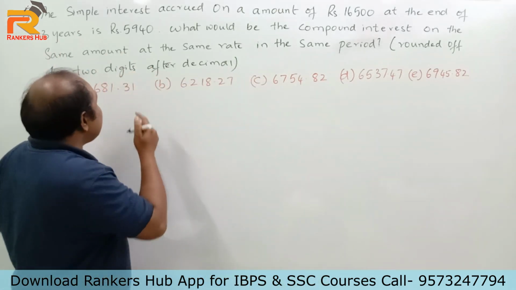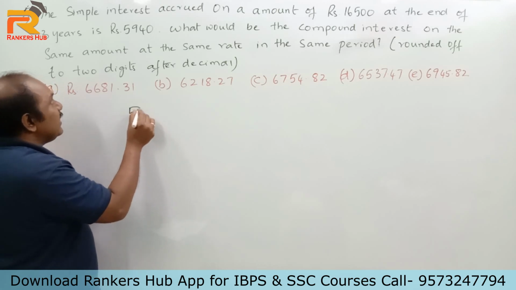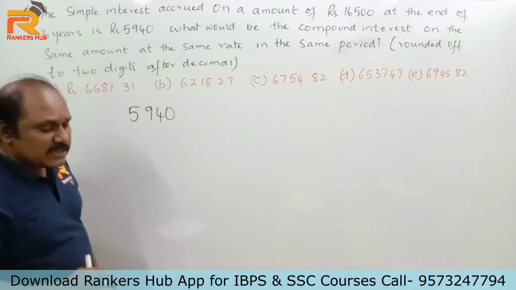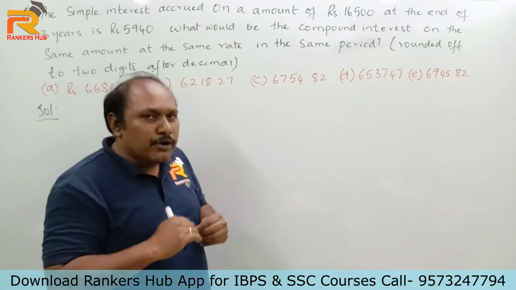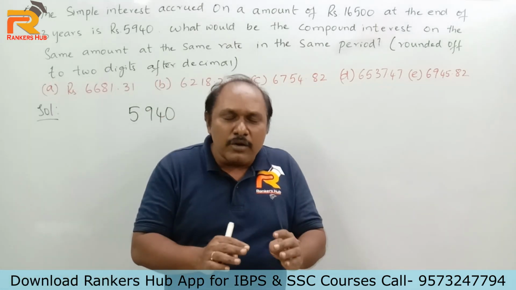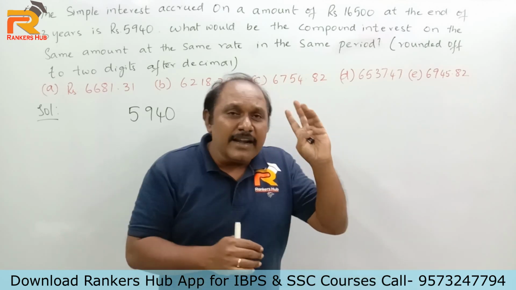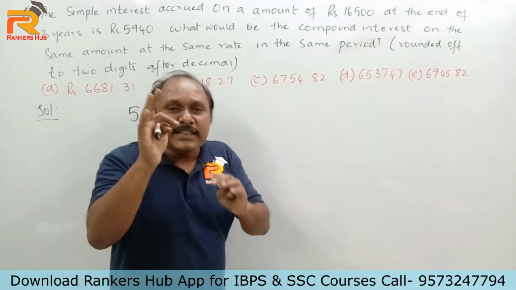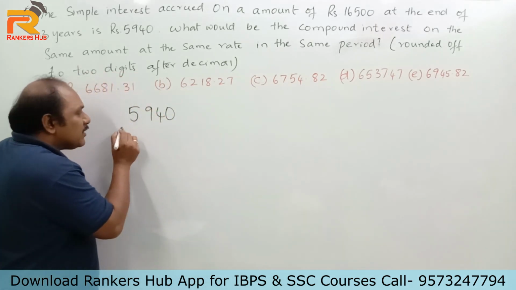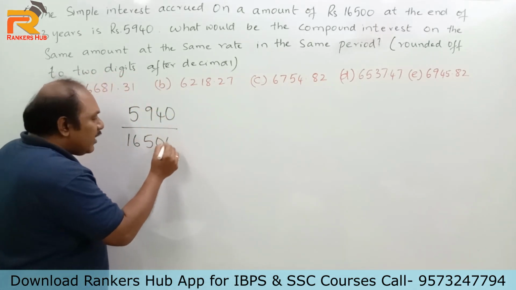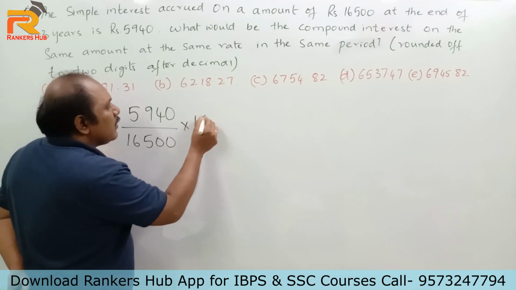So what is the interest earned? Interest earned is 5,940. For how many years? 3 years. So first of all, I am going to find out the total rate of interest that is earned on that amount, that is 16,500, for 3 years. So I simply write 5,940 is the interest earned on 16,500 into 100.